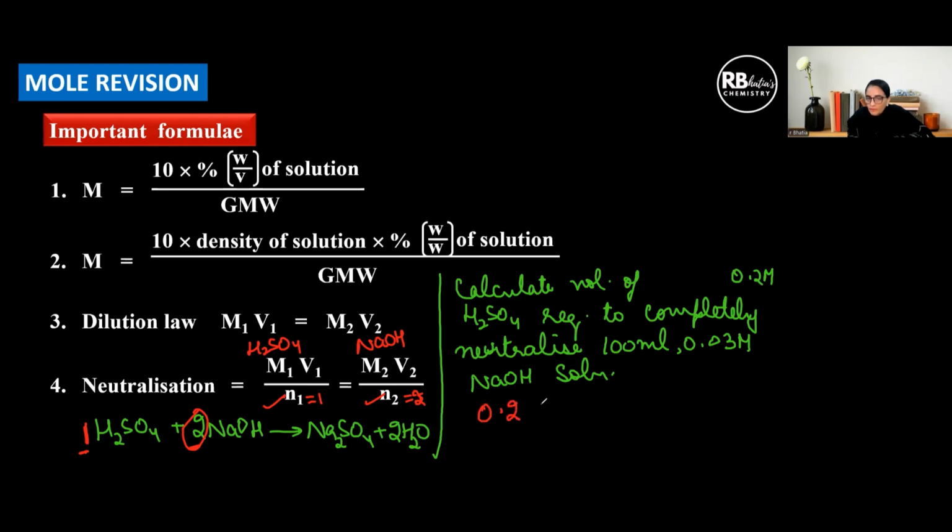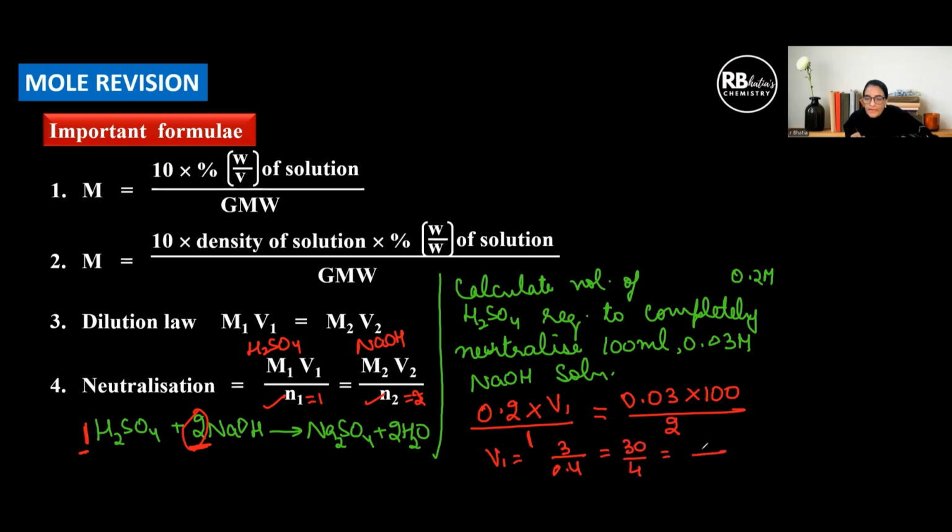That is molarity of sulfuric acid. Volume is what I need to calculate. N1 is 1. For sodium hydroxide, it is 0.03 into 100 upon the number of moles of sodium hydroxide, which are 2. I put 2 here. So V1 is going to be 3 upon 0.4. Solve it, 30 upon 4, and you get your answer. And this answer will be in ml.